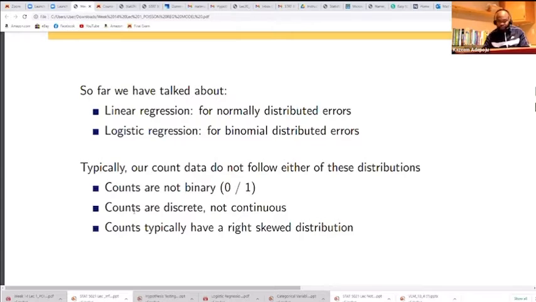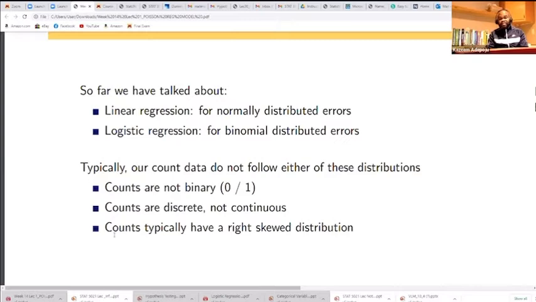Another reason why the linear regression and the logistic regression we have discussed so far cannot be used to model count data is because count data are typically right skewed. If a particular data set is not normally distributed, it means there's skewness.